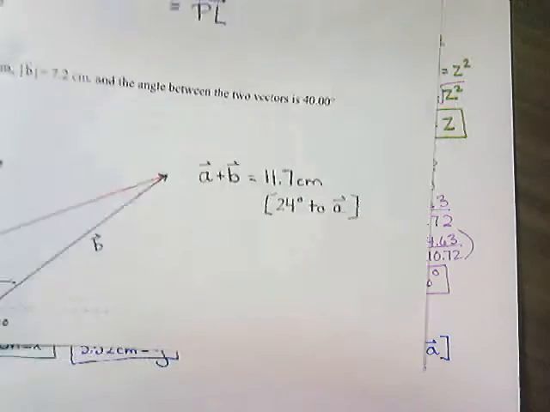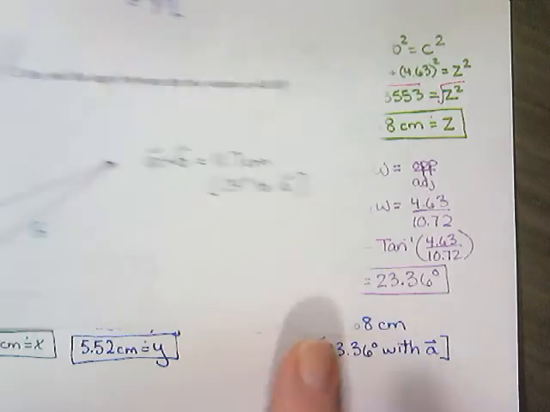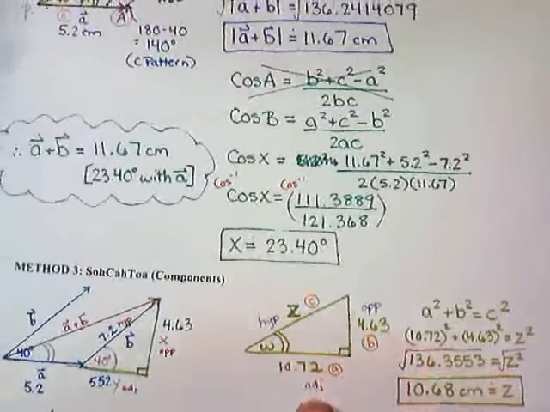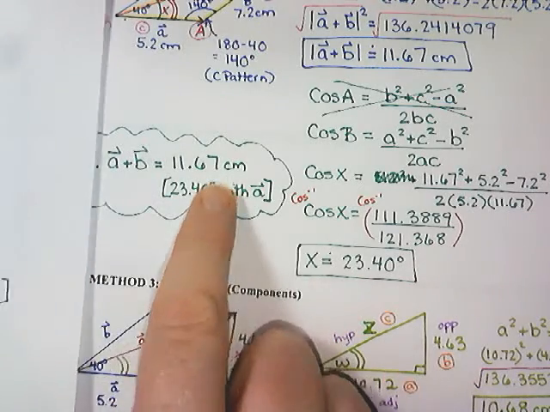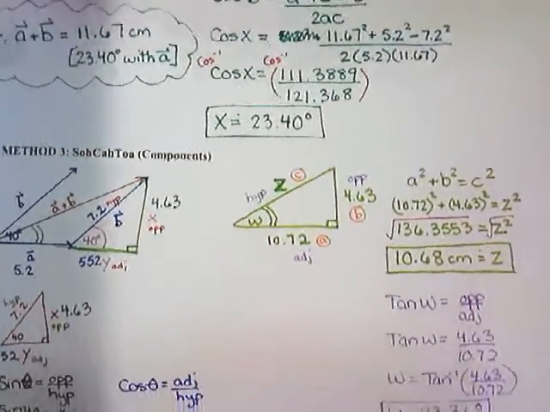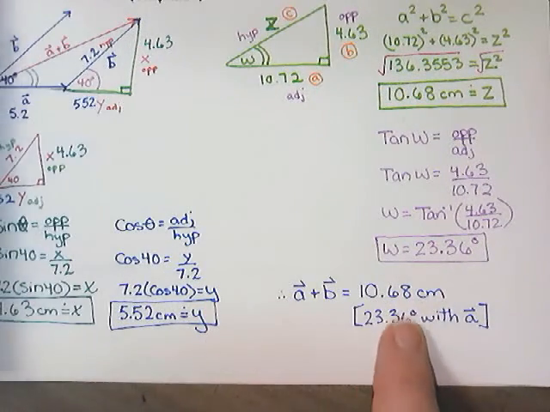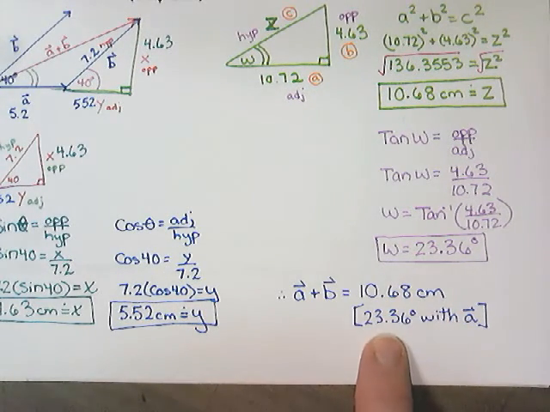So when I drew it, we got 11.7 centimeters, and it was 24 degrees with A. When I did cosine law, I got 11.67 centimeters and 23.40 with A. And then this time, I got 10.68, which was a little bit different, and 23.36 degrees.